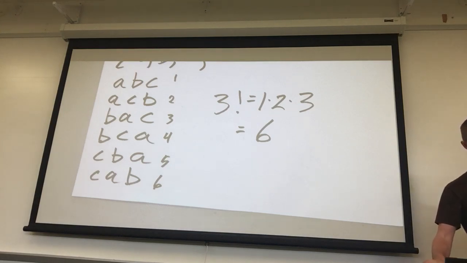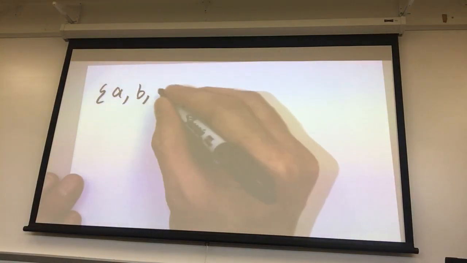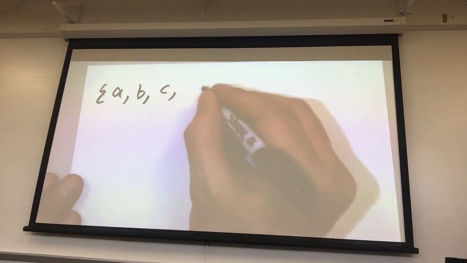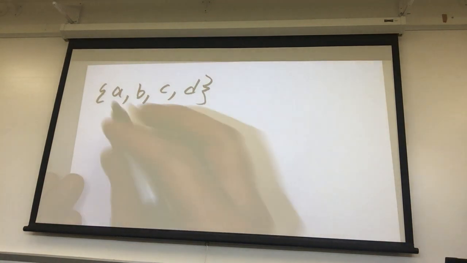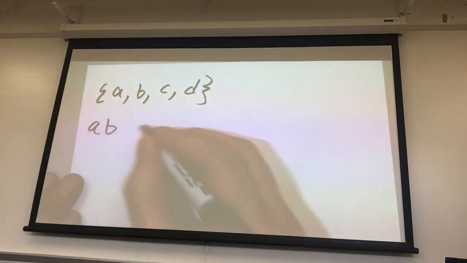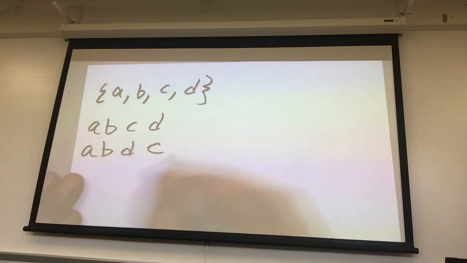But if you went to larger sets, you wouldn't want to write down all of these out. So if we had, let's say, the set A, B, C, D, well, you could start out A, B, C, D, A, B, D, C, and so on.